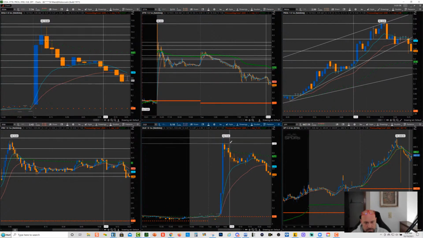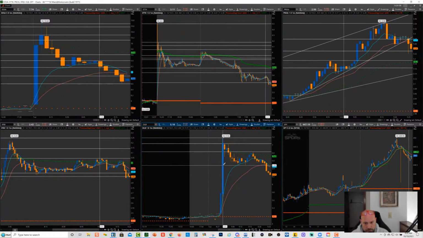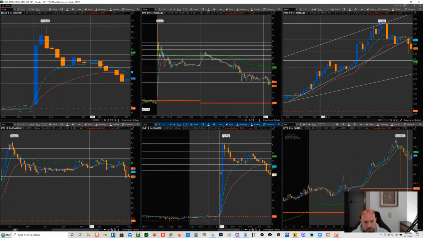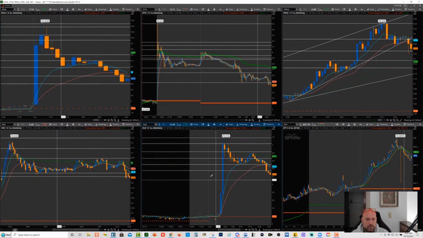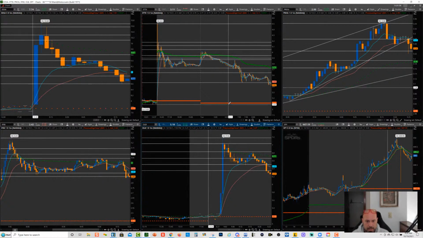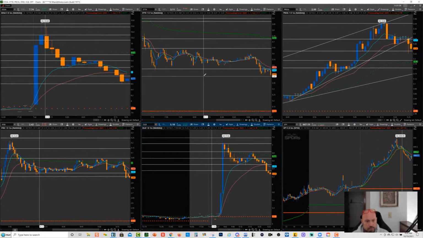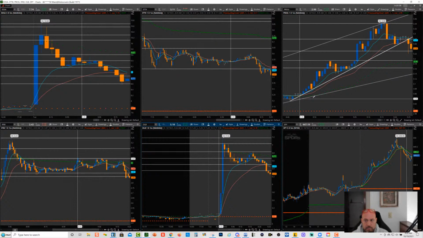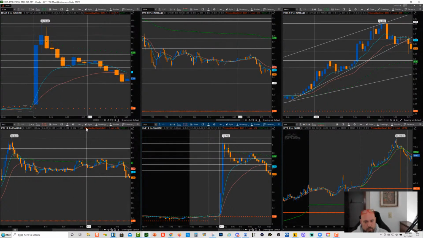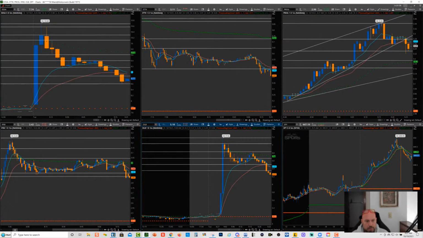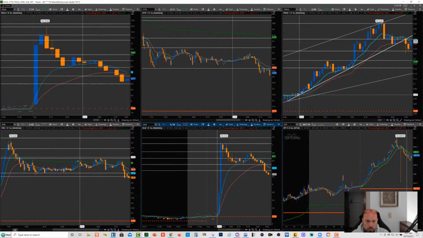Oh, let me look at OLB here as well. So you'll see with a lot of these right now, they've kind of just gapped right up, selling off now. This is so common, and that's why you watch these levels, and then keep an eye on a market scan at market open, and you scan for stocks at open. So this is for pre-market, but then we'll watch and see.